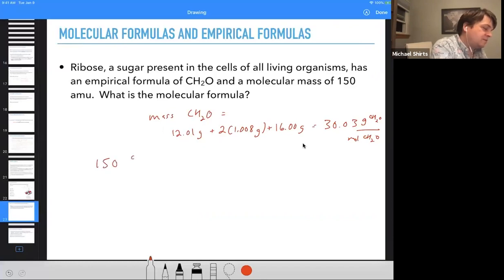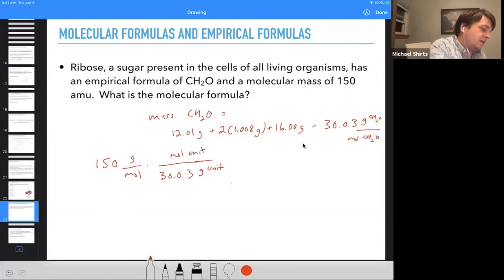So 150 grams per mole is the molar mass of our entire molecule, and then we have 30.03 grams of one unit per mole of a unit, so we can rewrite that as the number of grams per unit per mole of the unit.